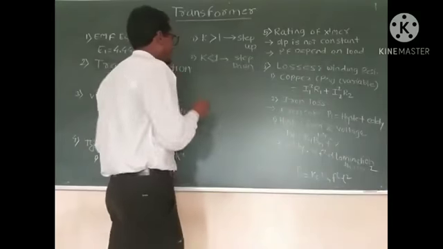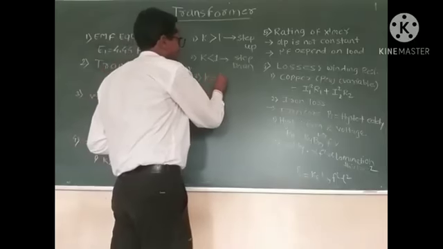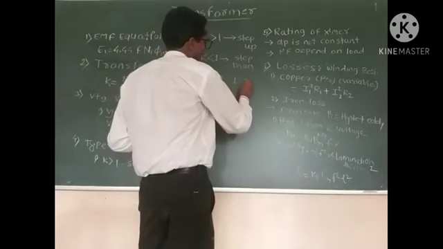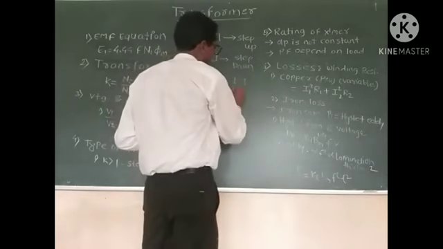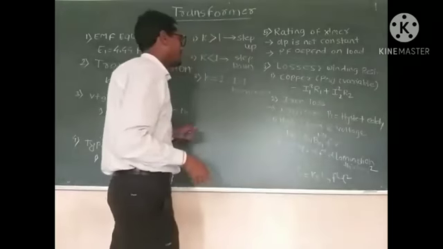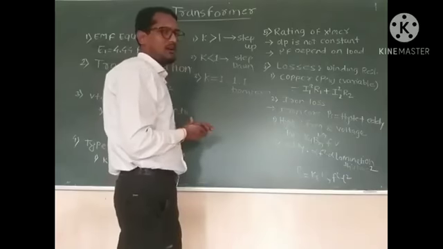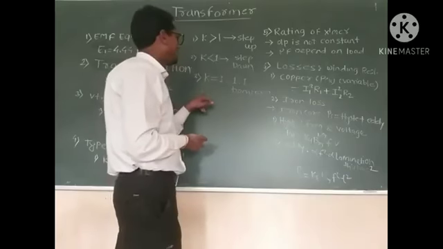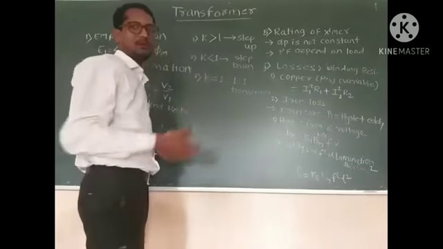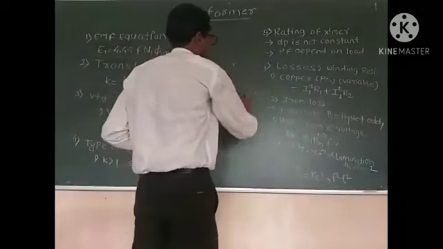And the third type is if the value of K is equal to 1, then the transformer is called a 1:1 transformer, or ideal transformer. These are some types of transformer depending upon the value of K.